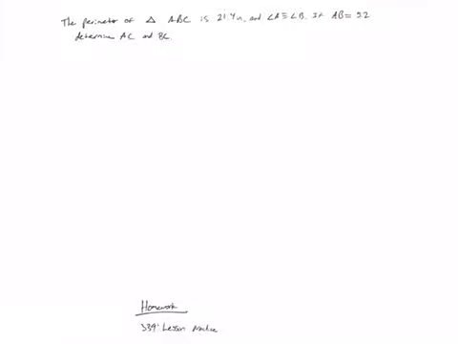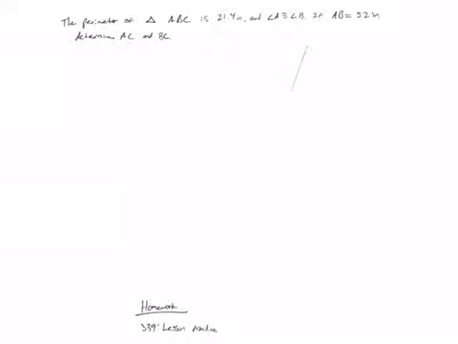Let's try another one of these. The perimeter of triangle ABC is 21.4 inches. The measure of angle A is equal to the measure of angle B. If AB is equal to 5.2 inches, determine AC and BC. Let's draw this triangle ABC, and notice that angle A and B are the same.